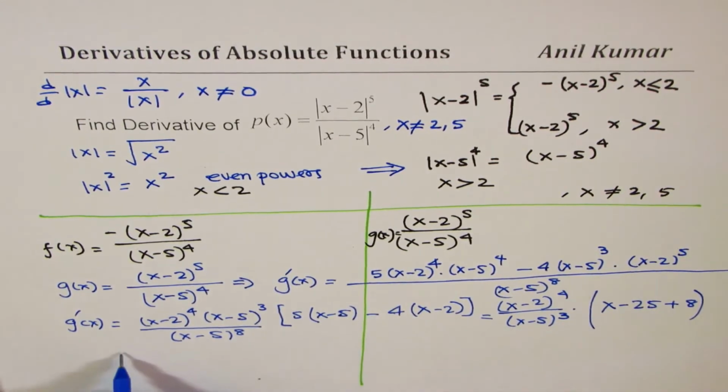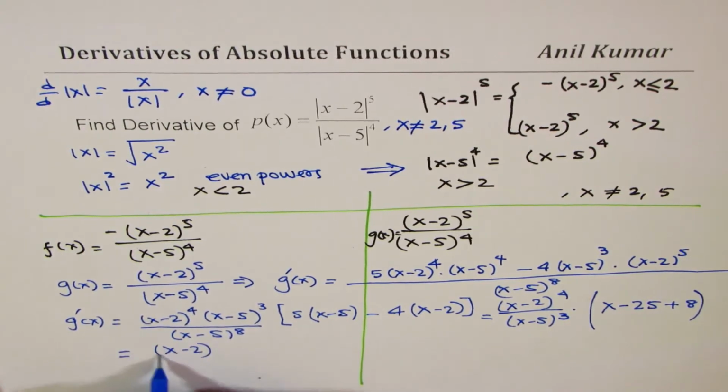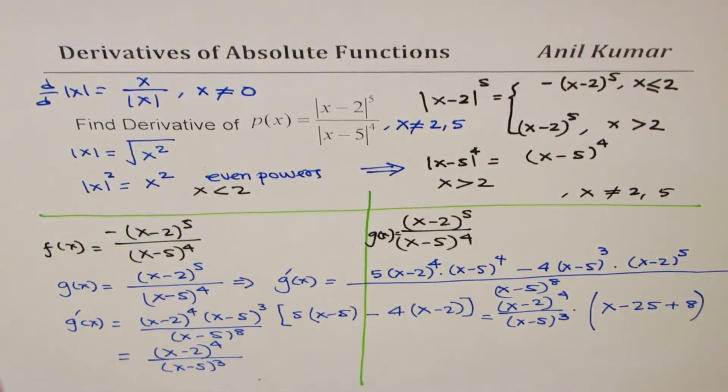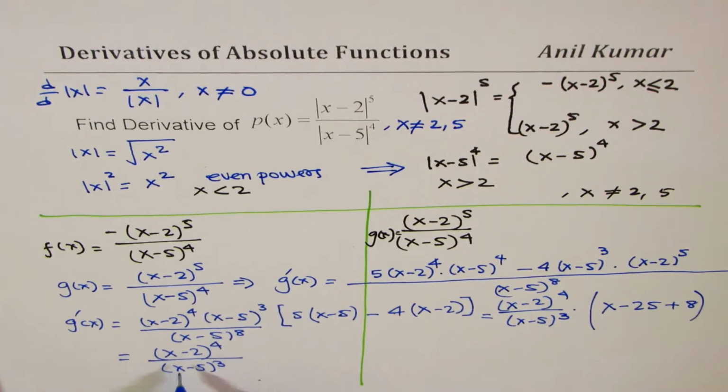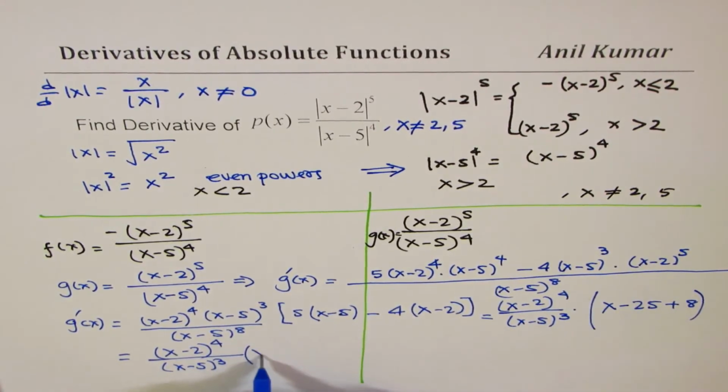Which is equal to (x minus 2) to the power of 4 over (x minus 5) to the power of 3, times (x minus 17).